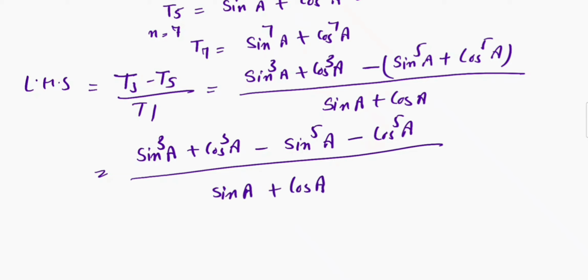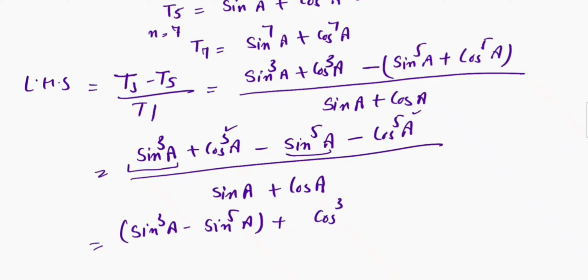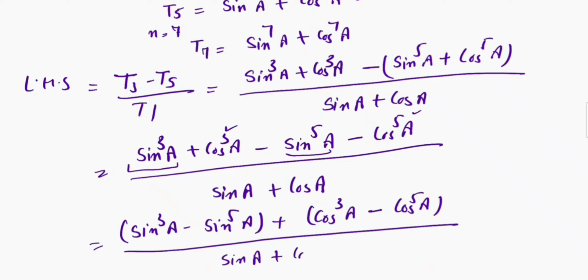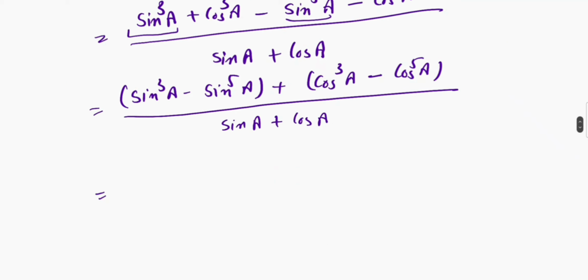Now I'll take sin terms together. So I'll get (sin raised to power 3A minus sin raised to power 5A) plus, and cos terms together, so I'll get (cos raised to power 3A minus cos raised to power 5A) divided by sin A plus cos A. Next, from here I can take sin cube out because this is common.